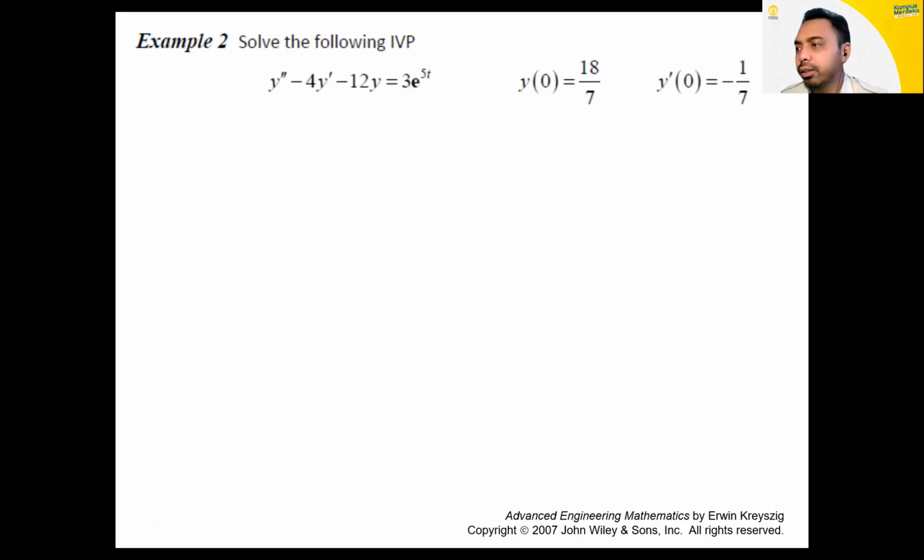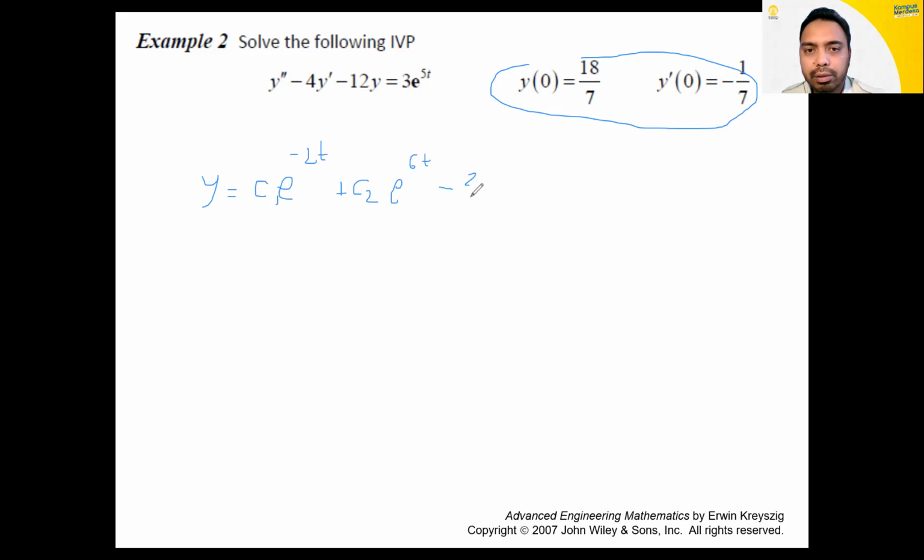Well, this is just a modification of it. In this case, now you have the initial value conditions. So you will be able to solve using our previous solution, where y equals C1 e to the power of minus 2t plus C2 e to the power of 6t, and then minus 3 over 7 e to the power of 5t.